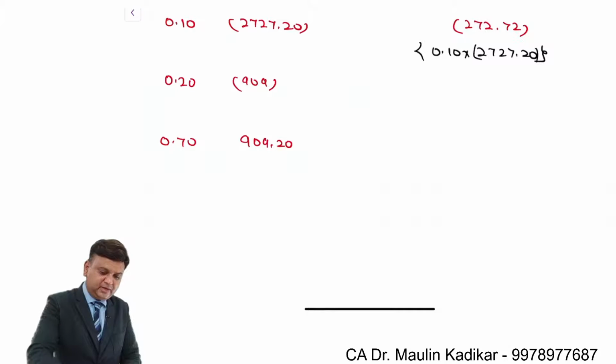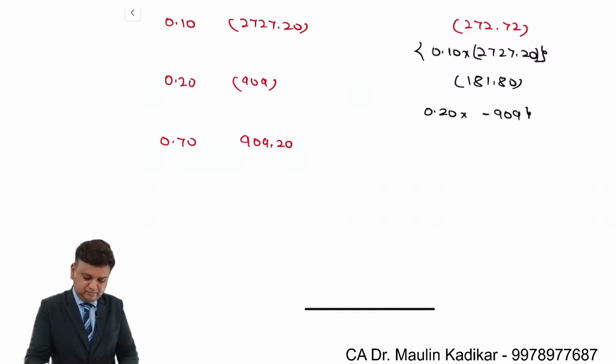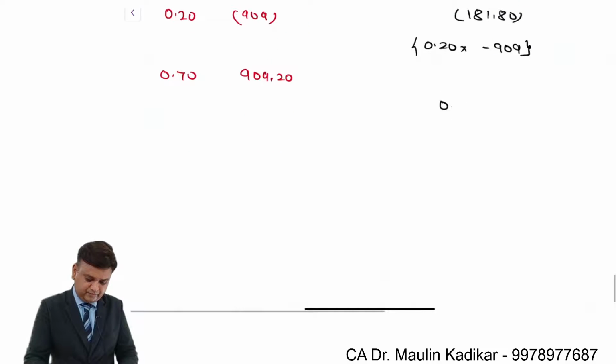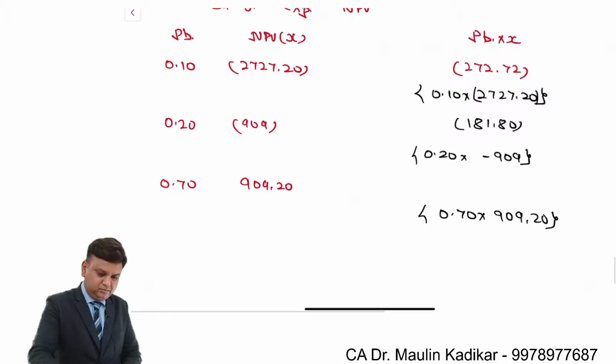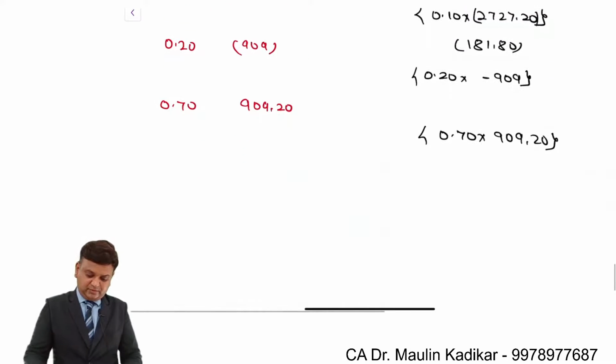Next 0.2 into 909, so it is 181.8, negative once again. 0.7 into 909.2, that is 636.44.